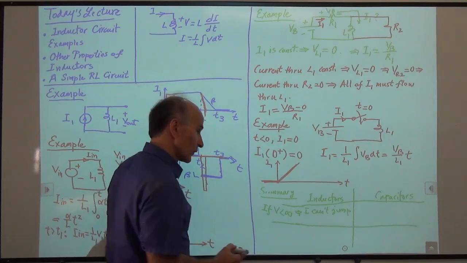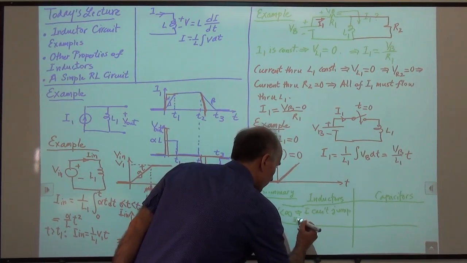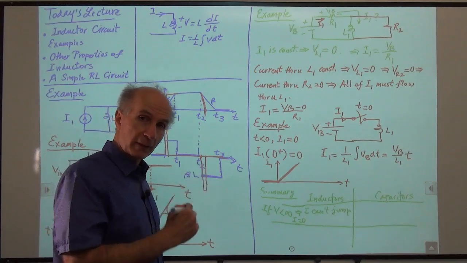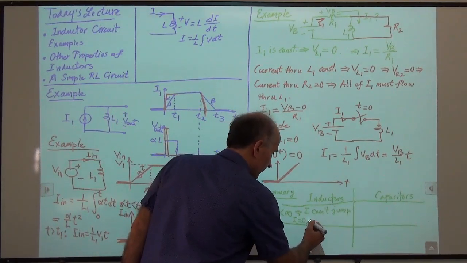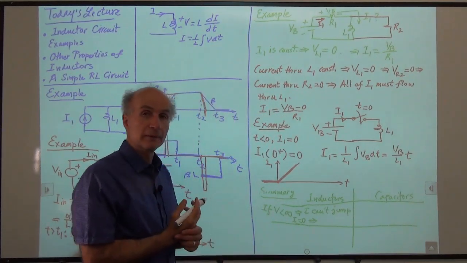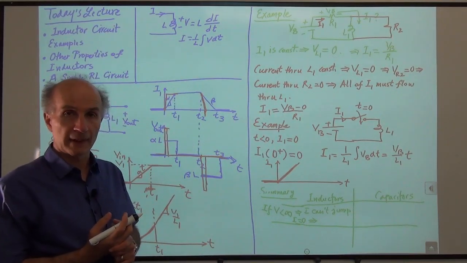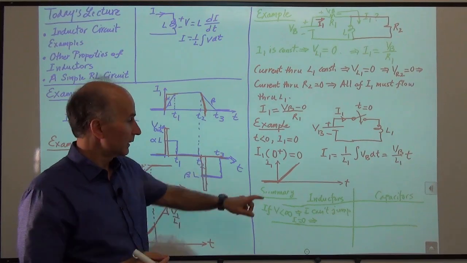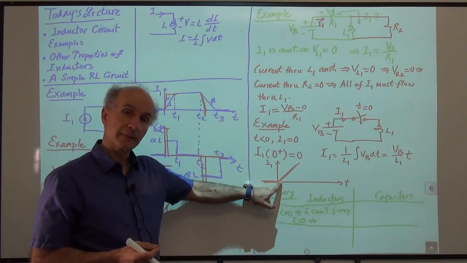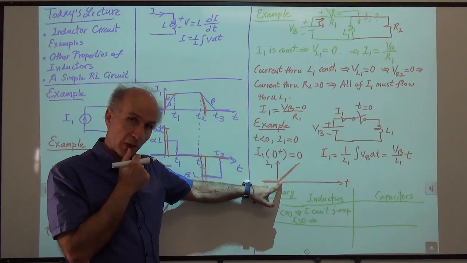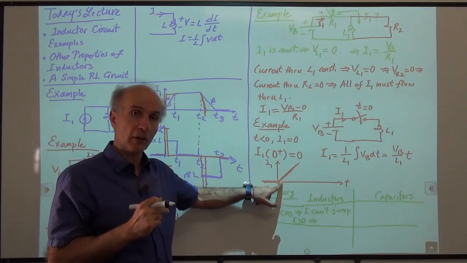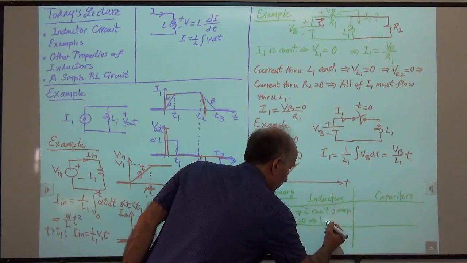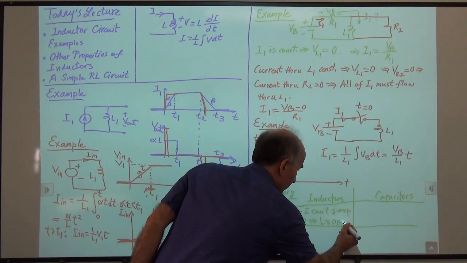So if I is equal to 0 at 0 minus, it will want to stay at 0 at 0 plus. So I equals 0. And if the current is 0, what does the inductor represent? The inductor says my current shall be 0 here, and it shall be 0 here. Right? That's what we decided. A device that wants to maintain a 0 current, what is it called? It's called an open circuit. So we see that the inductor is equivalent to an open circuit.